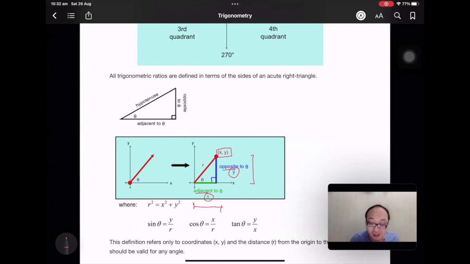So the definition of sine theta will always be y divided by r. R is the hypotenuse. Don't forget that sine is opposite over hypotenuse.